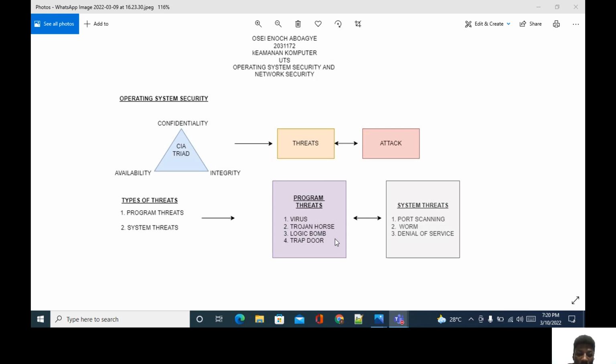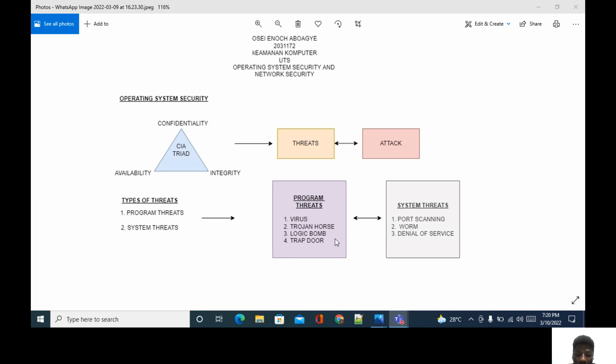Then we have logic bomb. Logic bombs also may function normally, but they misbehave only when certain conditions are met. So when their conditions are met, they will start misbehaving. That is how logic bombs work. And the last one under program threat is trapdoor.